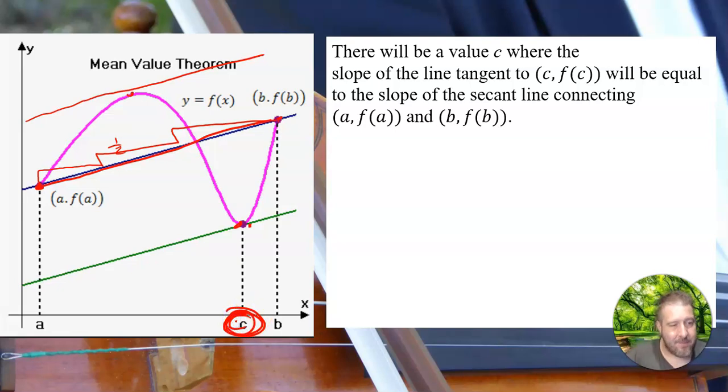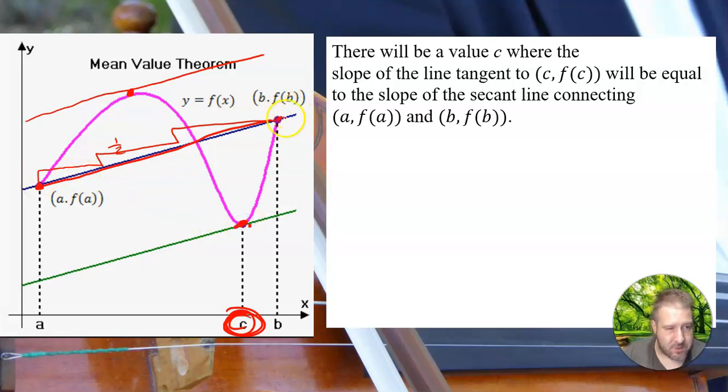It has to have that exact same tangent line slope, meaning the tangent line's parallel to the average rate of change at least once. You'll see that I've already drawn that it looks like it happens twice. It happens here, and it happens here. So this green line is parallel to the blue line because the average rate of change is the same as this tangent point.